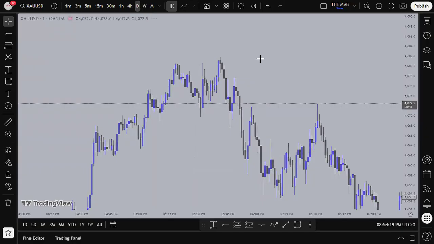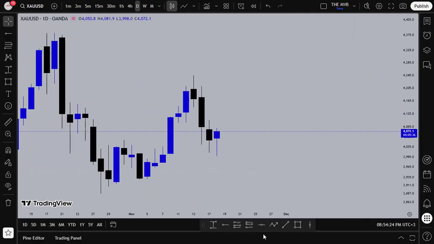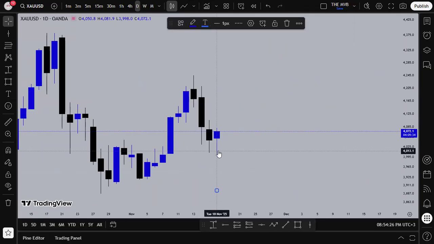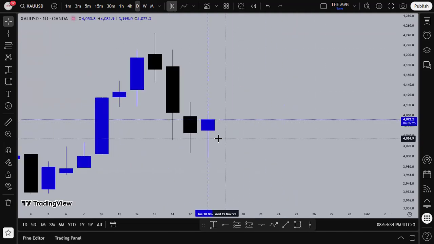Now on the daily chart, before today opens, let me put a line here to differentiate yesterday and today. Now I used yesterday's candle, the daily candle, major key levels to trade today's price movement.